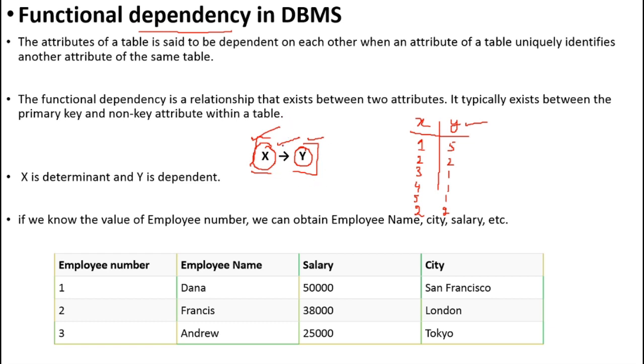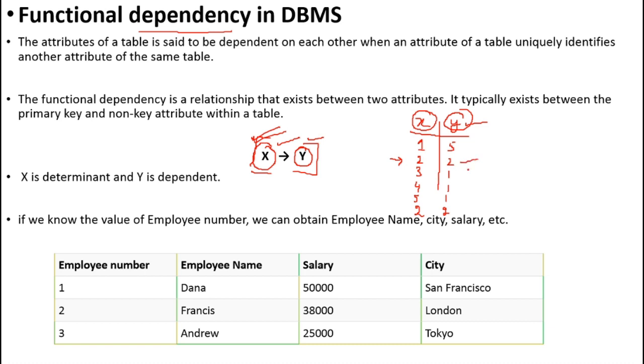In terms of a database management system, what functional dependency means is that whenever we have a given value of X from this table, we will be able to find the value of attribute Y from the same table. Whenever we say that X functionally determines Y, this means that if the value of X is 2, we have to check the corresponding value of Y for that given X value.